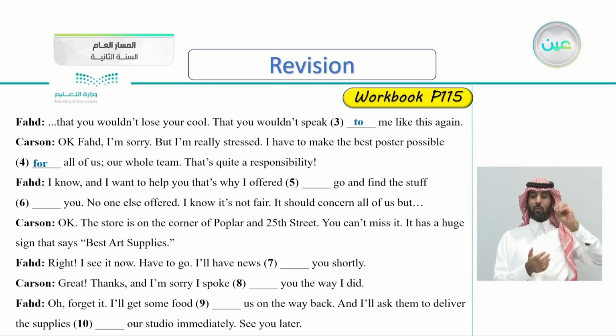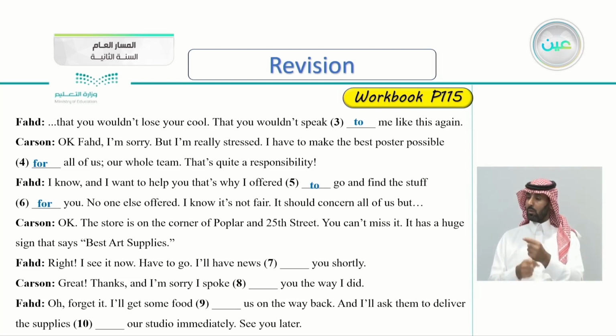And I want to help you. That's why I offered. Yes, to go and find the stuff. Excellent. For you, not to you, for you. Carson: No one else offered. I know it's not fair. It should concern all of us, but okay, the store is on the corner of Poplar and 25th Street.